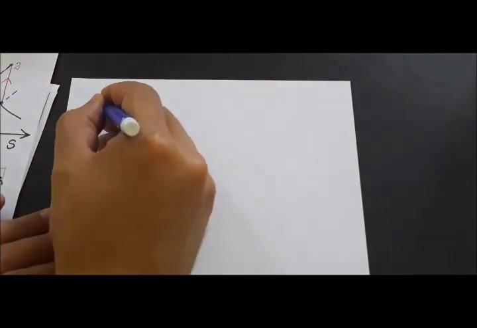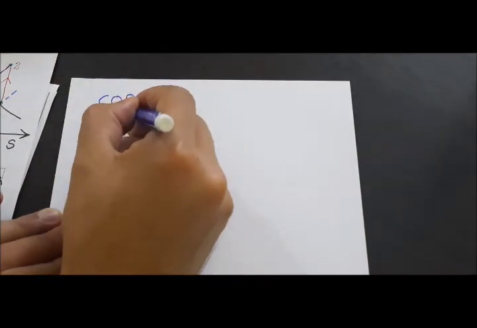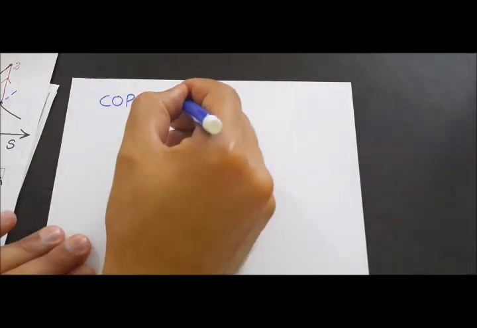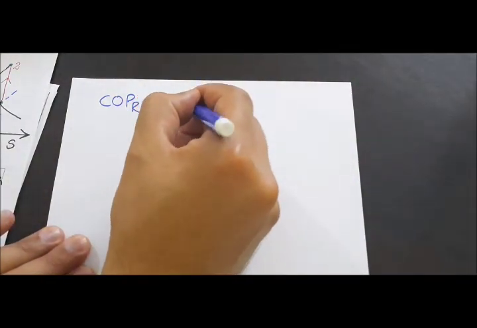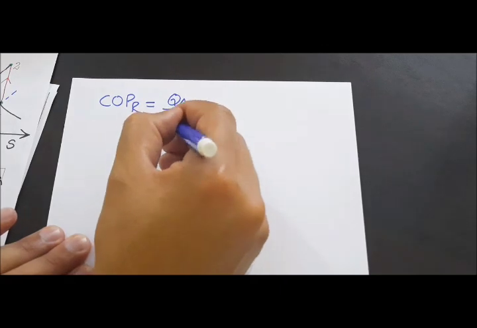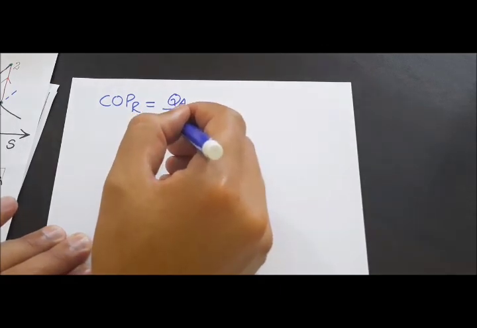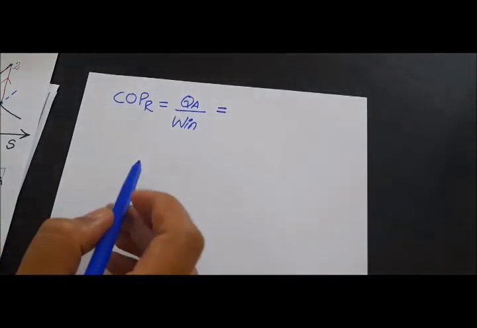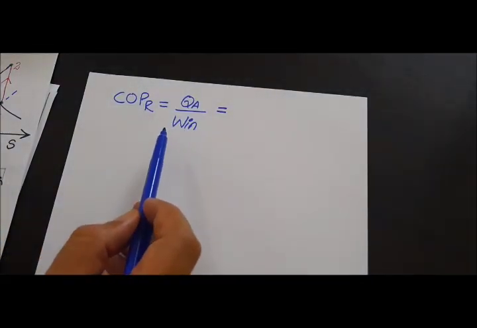We have been required to find out the COP of the refrigeration. For that we know that the formula is Q absorbed divided by work input. So that is the COP of refrigeration.